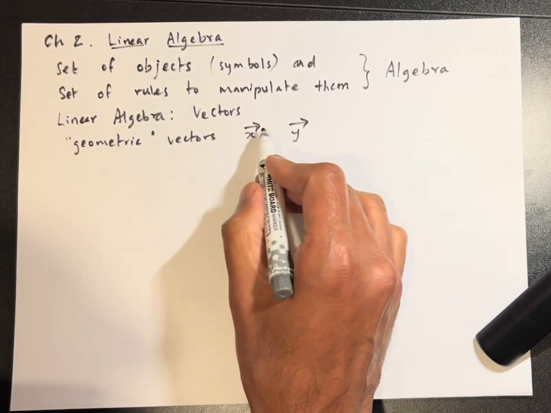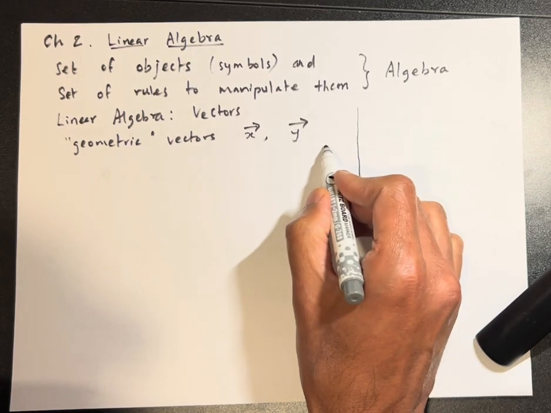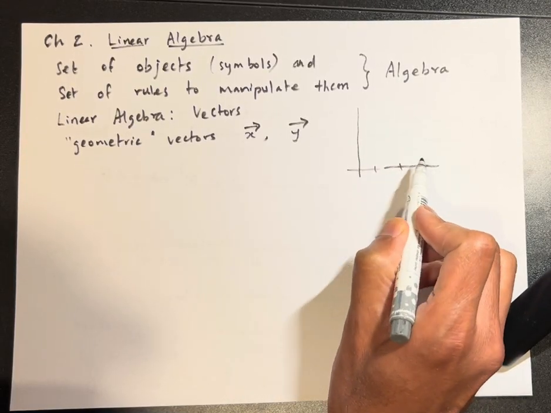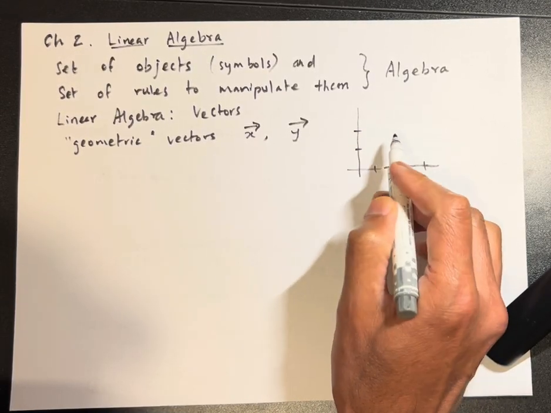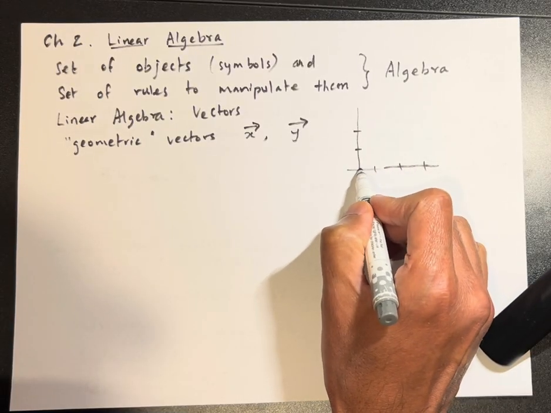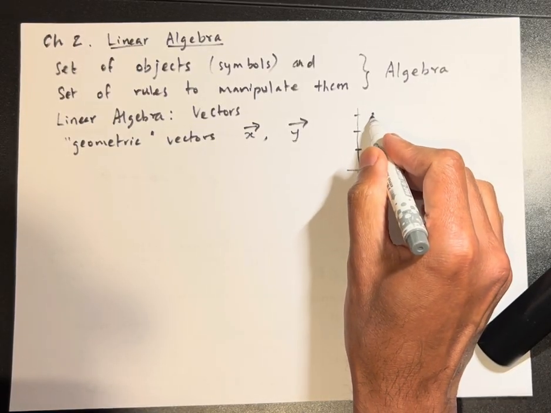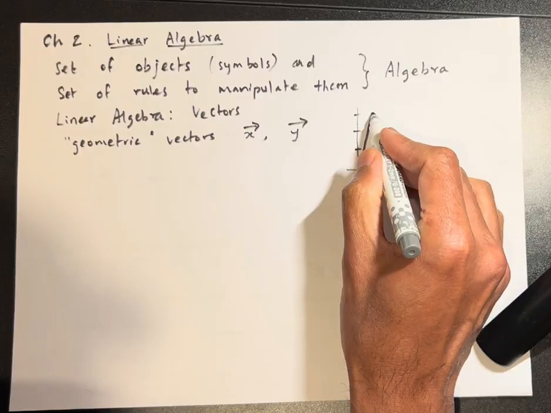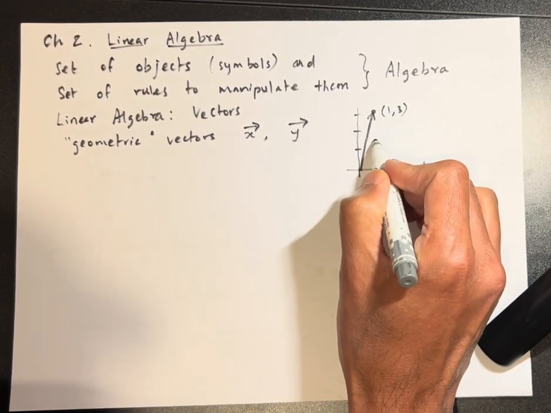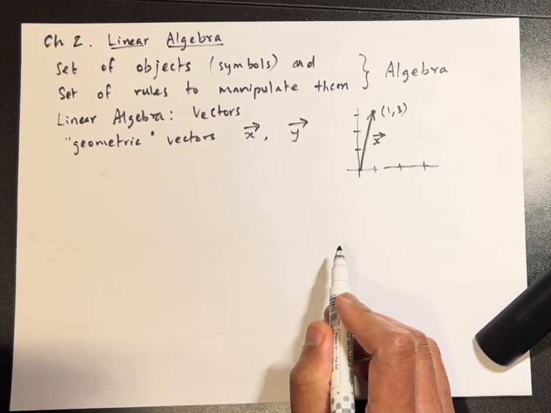In school level mathematics we would have done things like marking x as 1, 2, 3 and so on, y as 1, 2, 3, and then to denote a vector like (1, 3), we would take this point and this becomes the vector (1, 3). This is the school level, and this is how things are done in physics also.